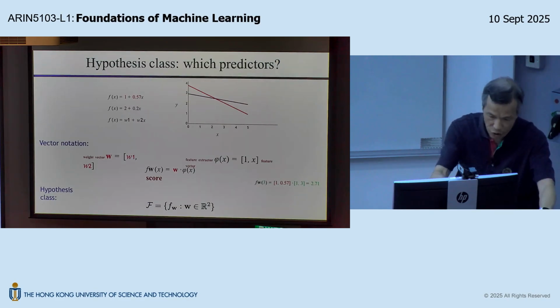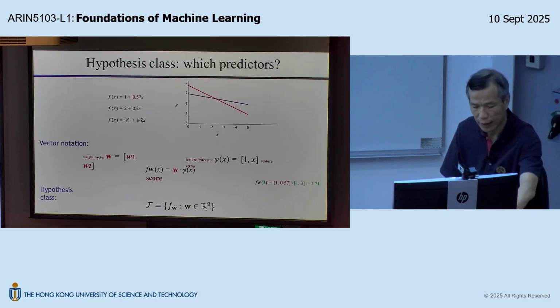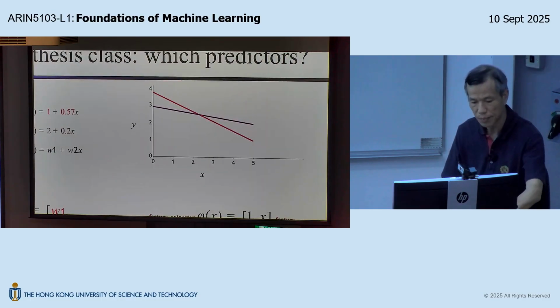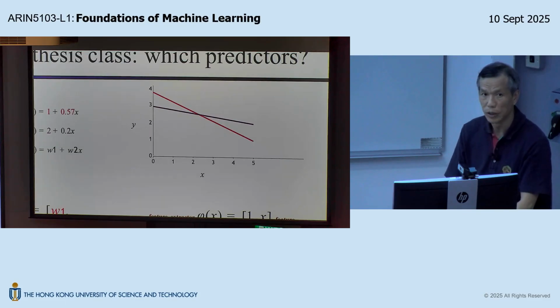As I said, we are talking about linear models. In this case, we have one single input and one single output, and this is a straight line. The equation of a straight line like this is of the form y equals, what is the equation of a straight line?